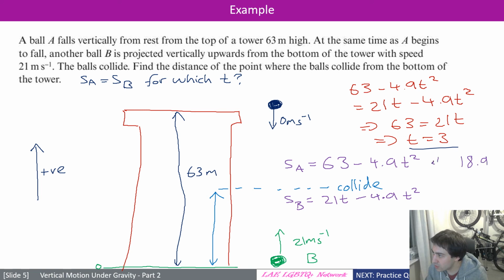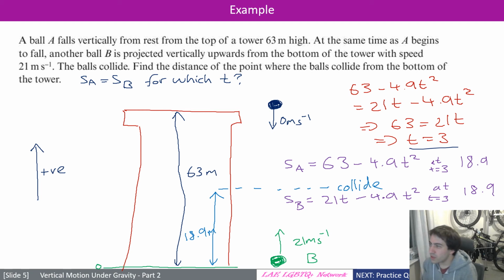Right, that was at t equals 3. And for the other case, if I do 21 times 3 minus 4.9 times 3 squared, oh, it's quite obvious actually. Again, you just end up with 18.9. So that's the answer. They collide at a height above the ground of 18.9 meters. Okay.